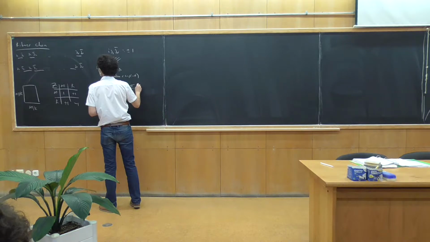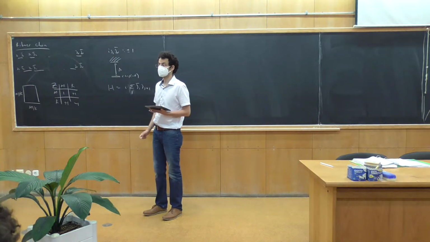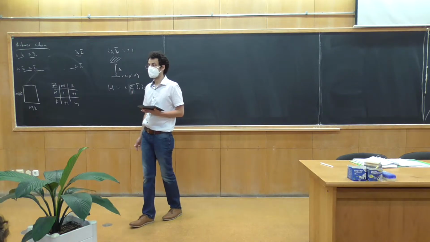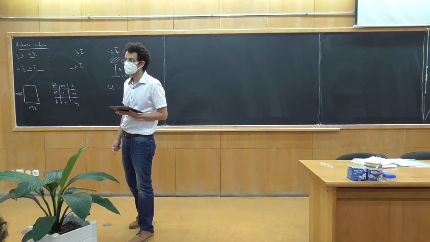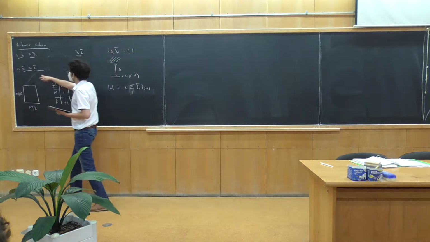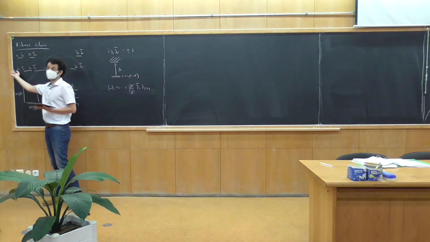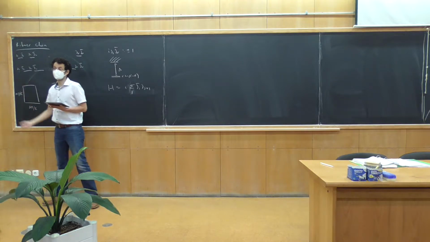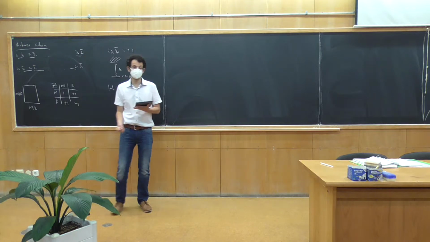This gap stays constant even in the continuum, but shouldn't there be a continuum of states labeled by momentum along the boundary? Well, very good. But in this case, it's just a one-dimensional chain, so the boundary is just a zero-dimensional system. There is no notion of momentum, there is only time on the boundary.